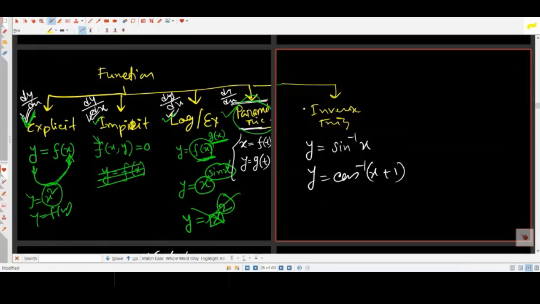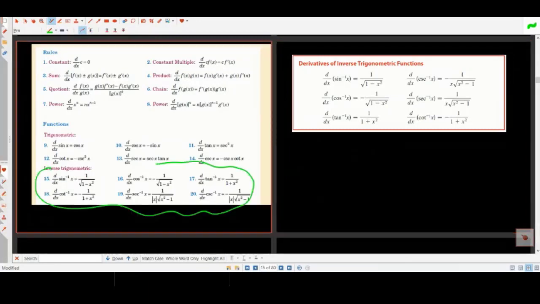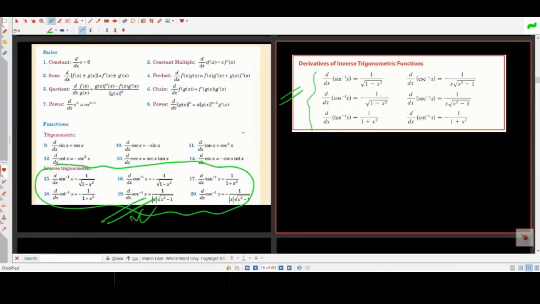So this is the time to focus on how to find the derivative of inverse trigonometric functions. Whenever we need to find the derivative of an inverse trigonometric function, we can recall these formulas. Whatever formula you can see here, we have the same formula here.